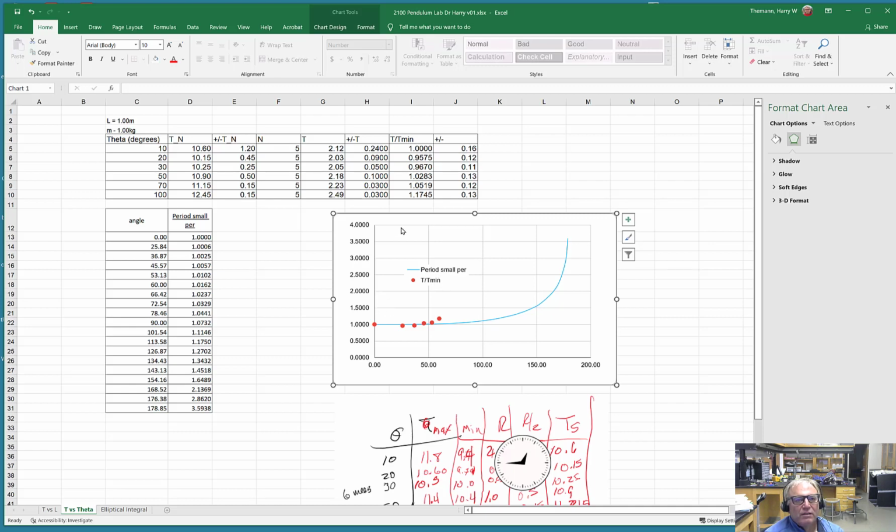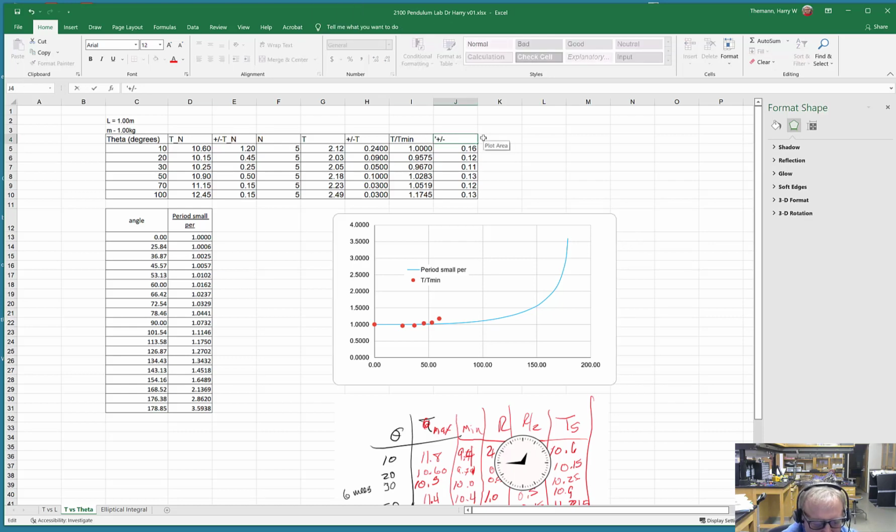And so it's pretty standard. The only thing is the error bar here. Period divided by the minimum period. And so of course, you're dividing the particular period by the smallest one, which happens to be G5 in this case. I could ask it to pick the minimum, but we're just going to say at the 10 degrees there.